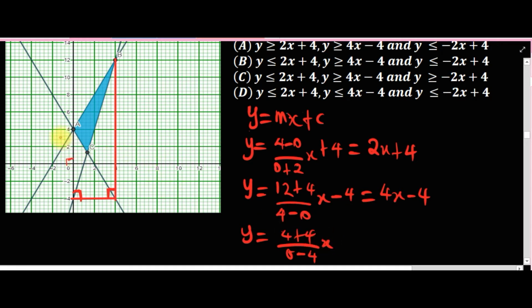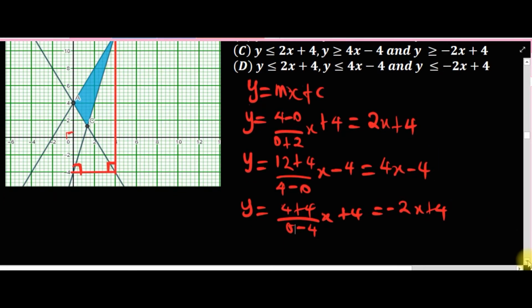My y-intercept is plus 4. So I have 8 over minus 4, which is minus 2, x plus 4. So these are the 3 equations that we'll need.